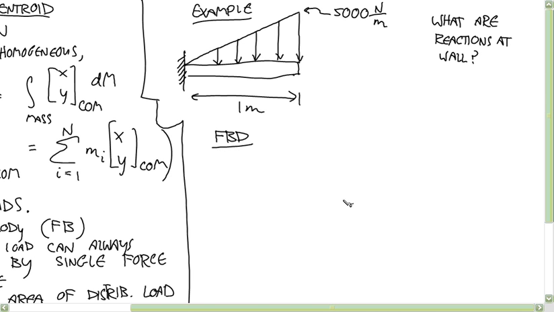So I'm going to draw a free body diagram. What do the loads look like at the wall? What do the reaction loads look like? Force and a couple. That's right. So we have the force on the body by the wall and the couple on the body by the wall.